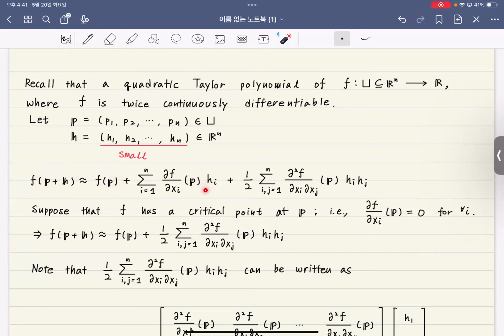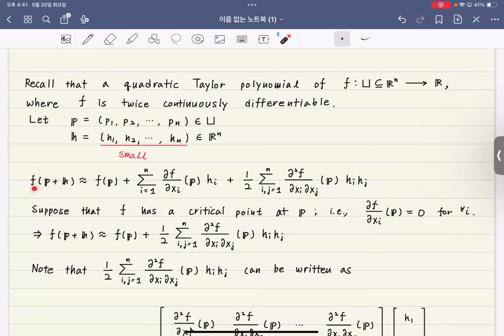These are all numbers times Hi, plus 1/2 times all possible second derivatives of f at P times Hi and Hj. So this is the degree 2 Taylor polynomial of this n variable function, right?